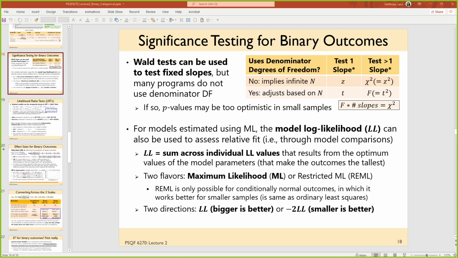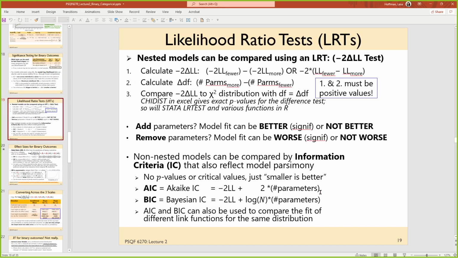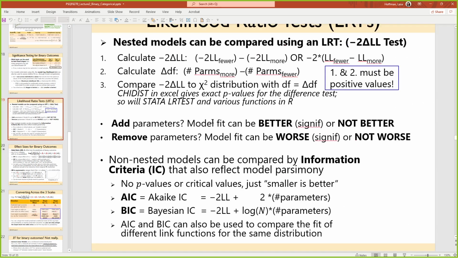I didn't quite follow your numbers in that example, but I can pull up the formula. Yeah, please. That's on the next slide here. So this is slide 19. The result is the same if you do the straight difference of minus 2 log likelihood as a unit, or if you do the log likelihood from the model that has fewer parameters minus the log likelihood from the model with more, and then multiply the result by minus 2.